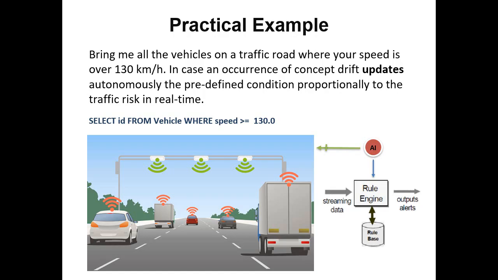I'm not too specialized at that, so it's something just to show in practice this concept drift. Imagine a situation where a rainfall is starting and the velocity of the cars will decrease.